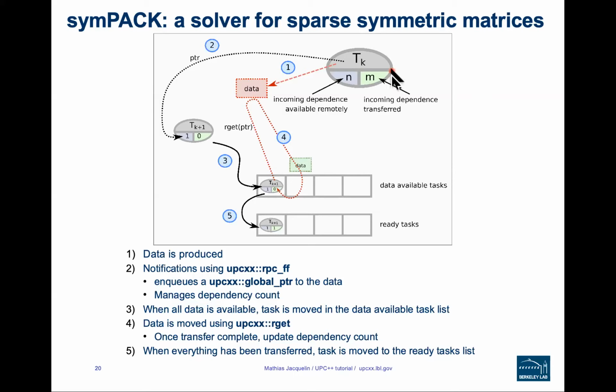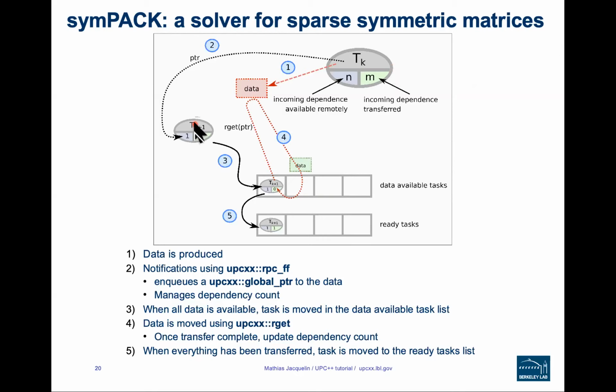That's the first step: we have some data lying around on a process. When that process is done processing the task, it notifies all the remote processes that are expecting that data by sending them a UPC++ global pointer to that data using an RPC call.